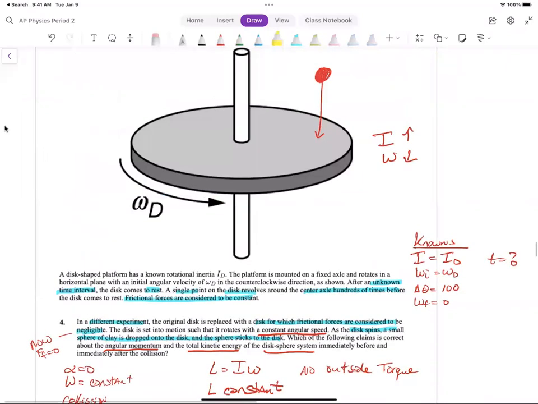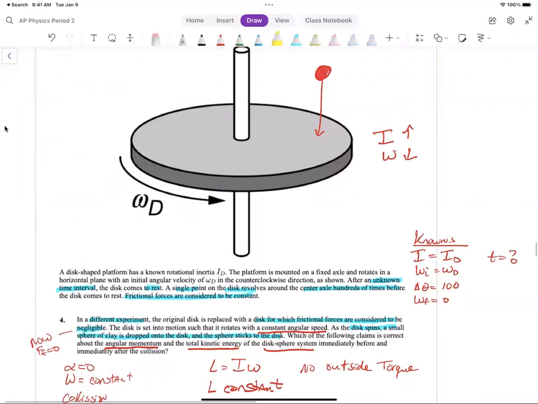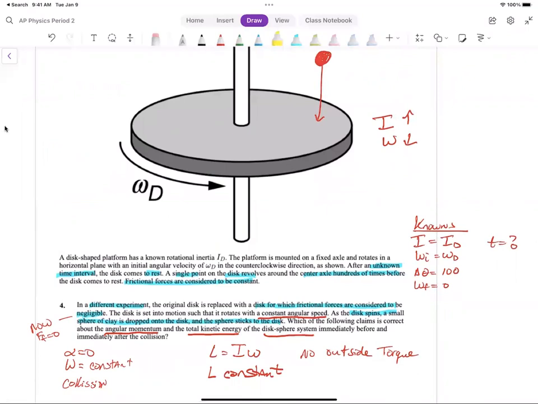Same thing here. We will assume that the angular momentum of the system, the disk-clay system, is constant. In this experiment, the disk has no friction.